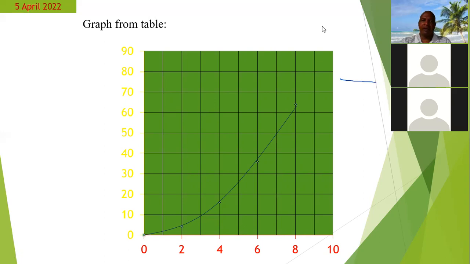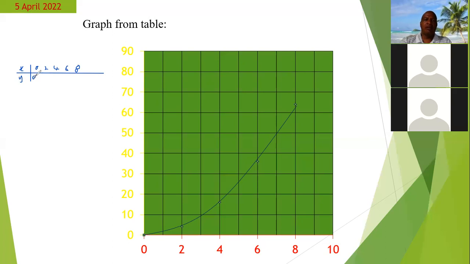Let me quickly construct a table. Our X values from the table are 0, 2, 4, 6, 8.